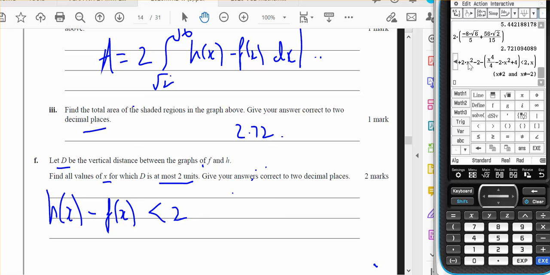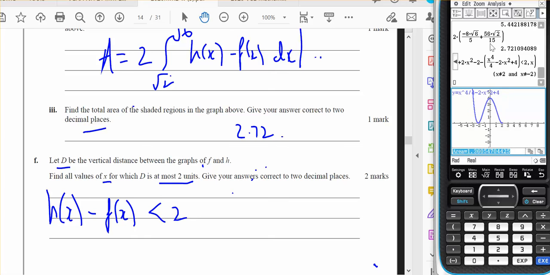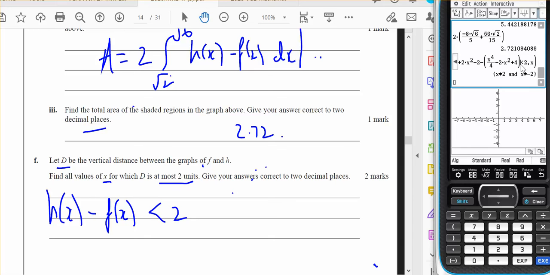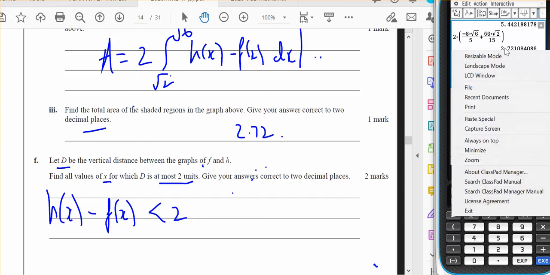So how about I take this graph and I open up a graphing window and I go edit, clear all, and I get the left hand side. There's the graph of the difference between them, and I want it to be less than 2.